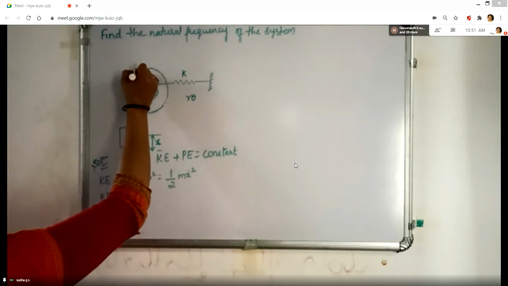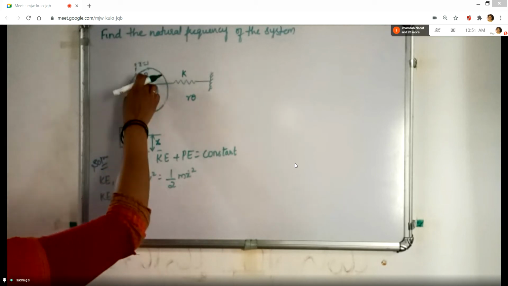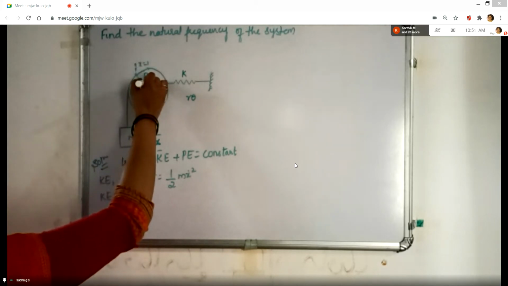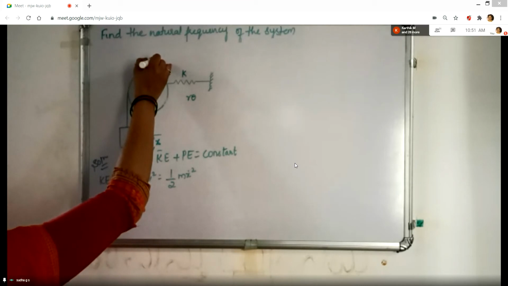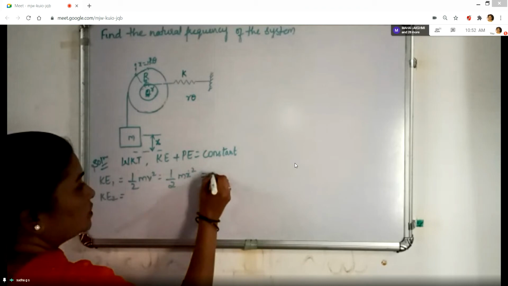So if this distance I consider it as x, what is x equal to? R into the angular displacement theta, x equal to r into theta. So therefore my equation becomes what?